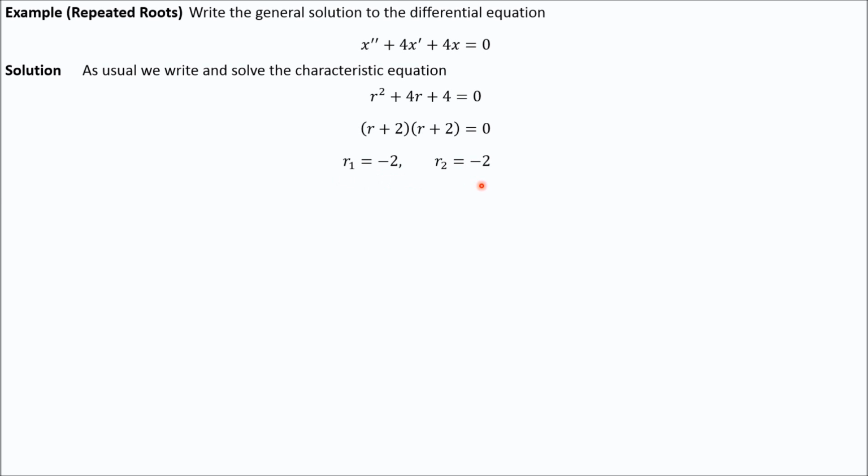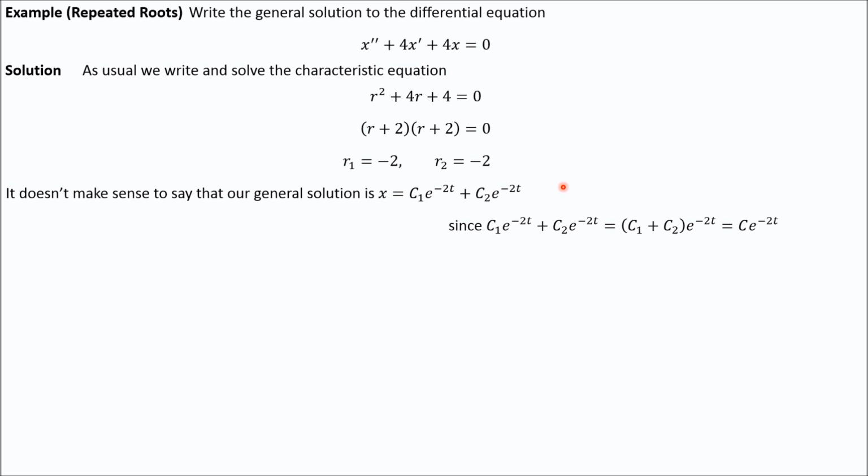-2 is repeated, and so you might be tempted to say, well, shouldn't our solution just be C1 e to the -2t plus C2 e to the -2t? But you quickly see that that's nonsensical, because if you made this your general solution, then you could just combine these constants together into one constant. So you've really only found one solution.